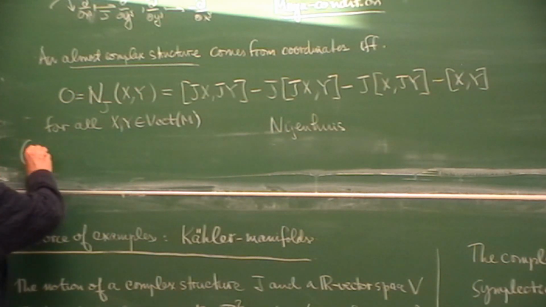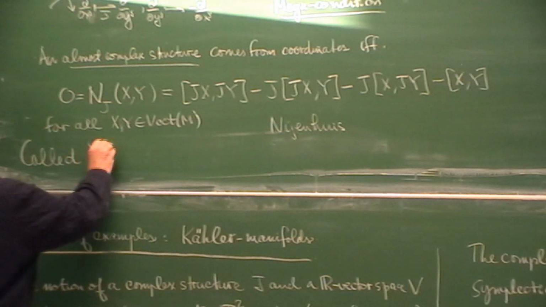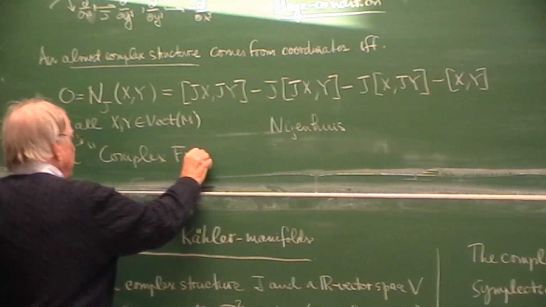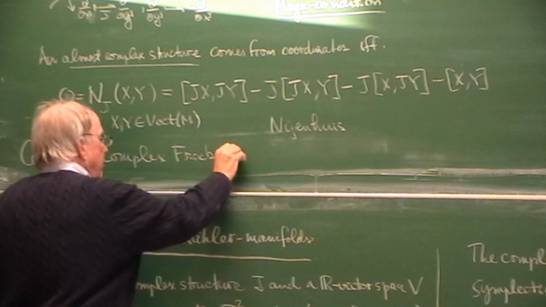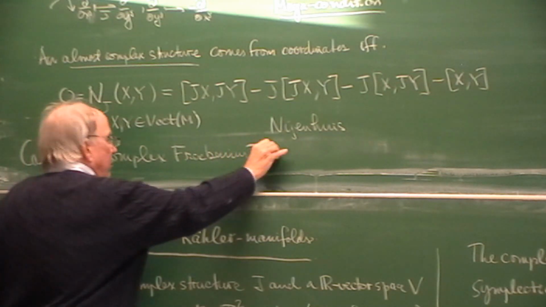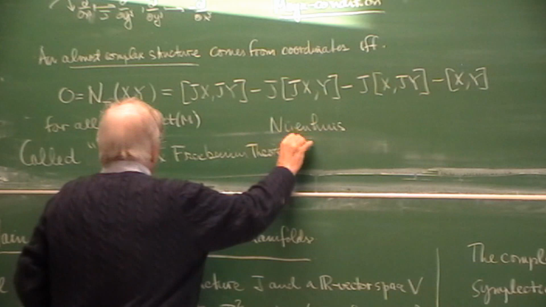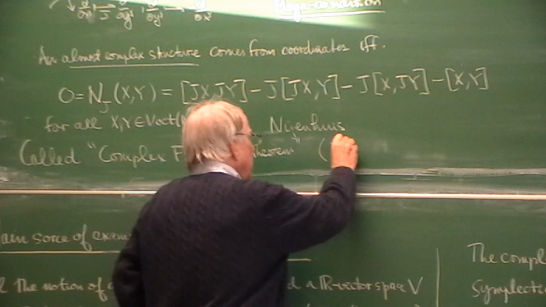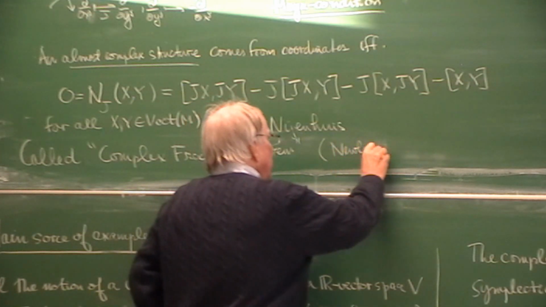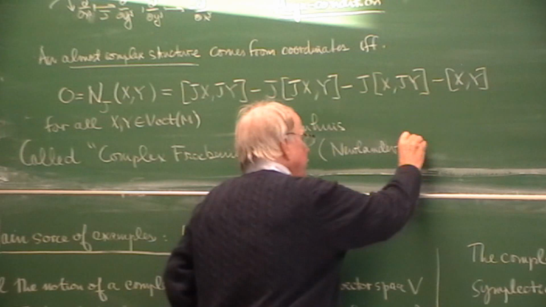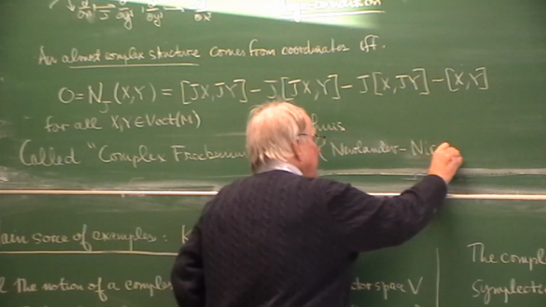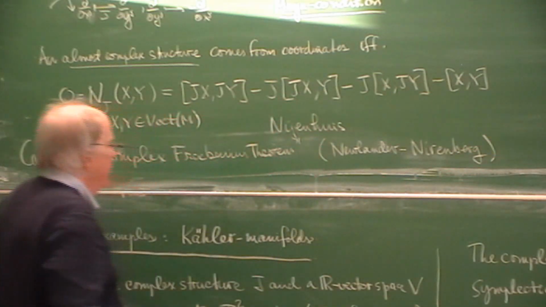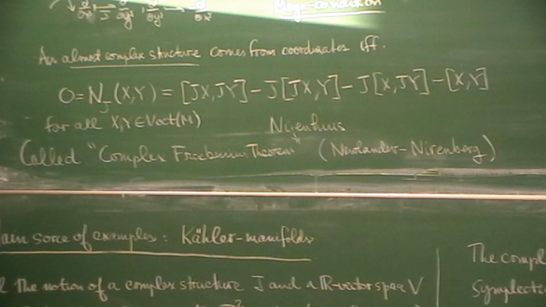This is called the complex Frobenius theorem. It was proved not so long ago by a person whom I don't know, but jointly with a person I know very well and admire greatly, named Louis Nirenberg, and his co-author in this paper is named Newlander.